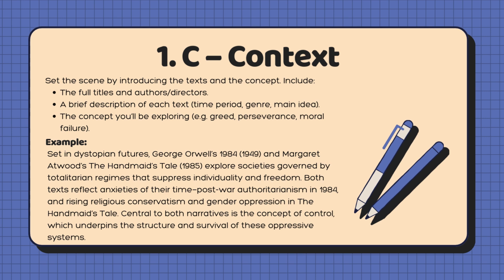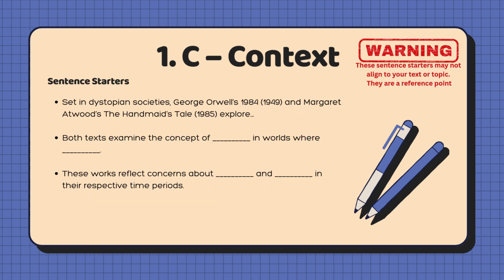A good tip here is to keep your context concise, but make the reader understand the what, who, when, and why. On the screen now, I have a couple of sentence starters that might guide you in your writing. You can see that I have a warning to let you know that these sentence starters may not align to your topic or your text. They are merely a reference point.